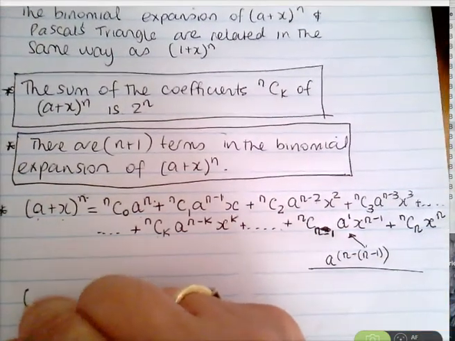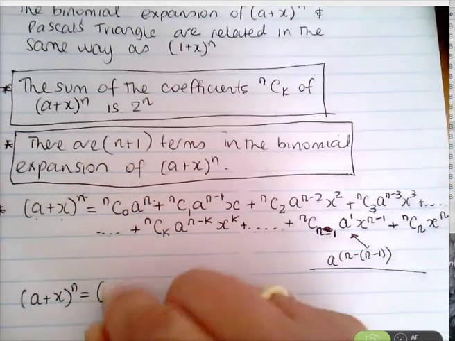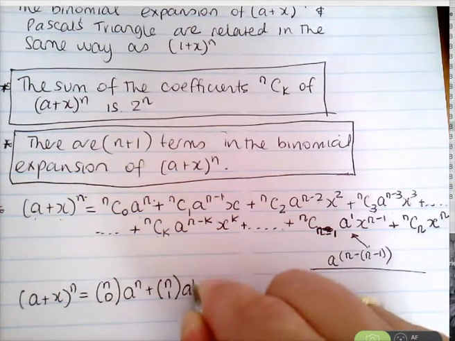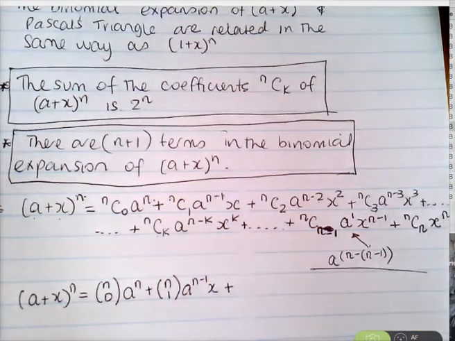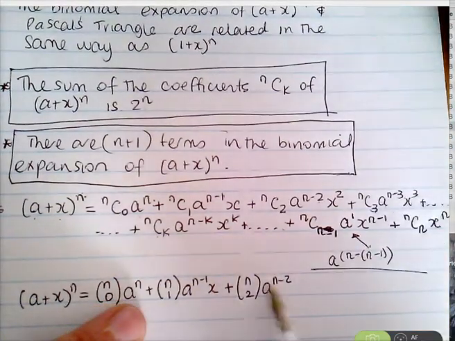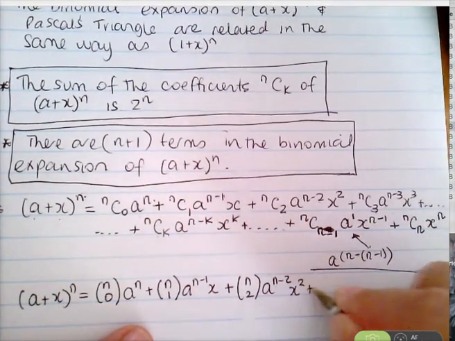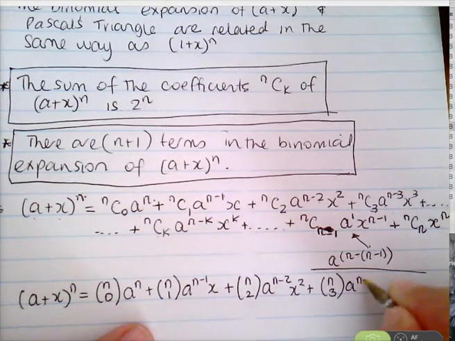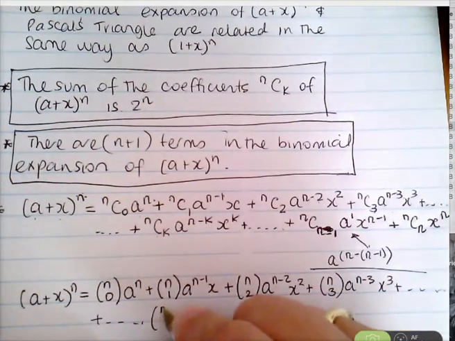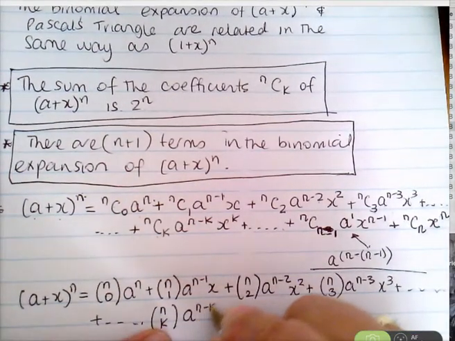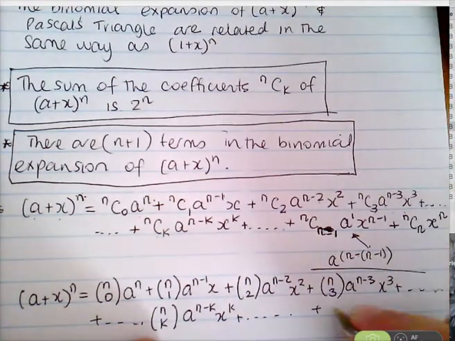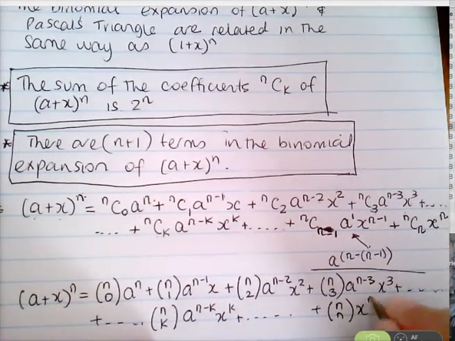Now, of course, this can also be written as (a + x)^n in choose notation: n choose 0, a^n, plus n choose 1, a^(n-1) x, plus n choose 2, a^(n-2), notice we're just dropping a power of a as we go along, x squared, plus n choose 3, a^(n-3) x cubed, plus, we'll just do this term, n choose k, a^(n-k) x^k, plus, I'm not going to do the n minus 1 term, I'm just going to do the last one, n choose n, x^n.